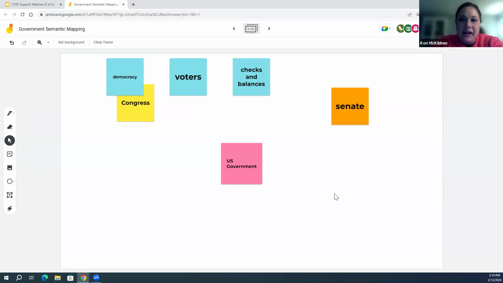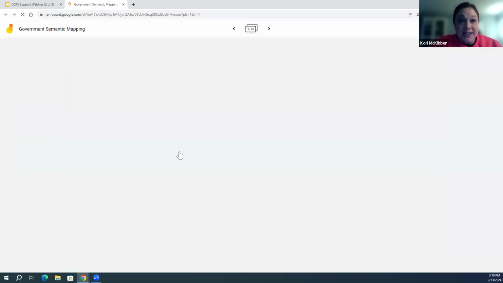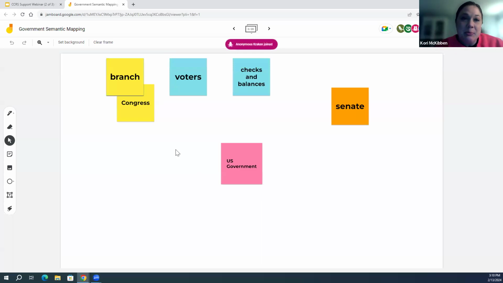Okay, any other thoughts? I thought about the president, right? The president. We got a lot going on here. So branches, yep, branch, Supreme Court, federalism, services, bills. Yeah, we have lots coming up right now, right?